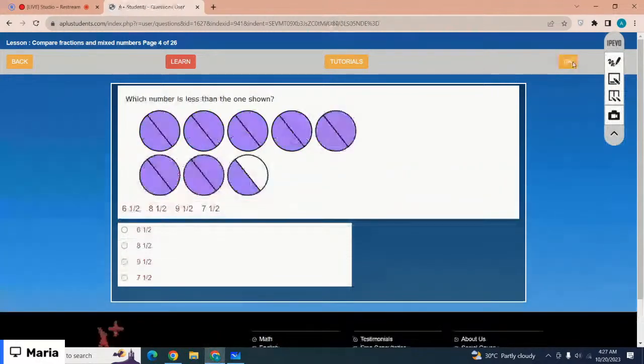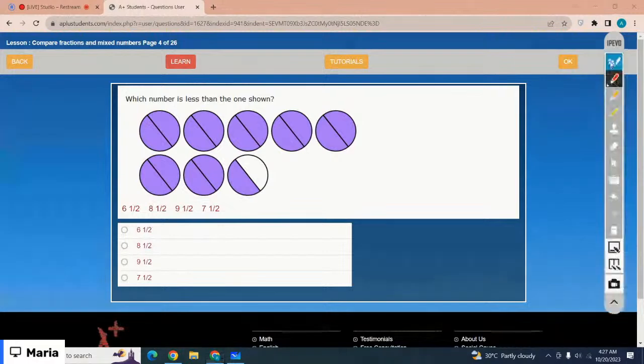Which number is less than the one shown? 1, 2, 3, 4, 5, 6, 7. That is 7 whole 1 over 2 is shown. So which is less than 7 whole 1 over 2? Yes, you have to compare their whole numbers.